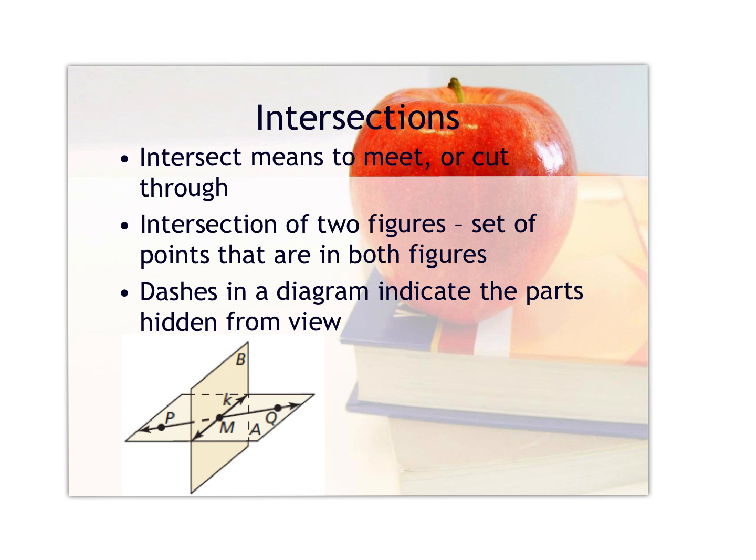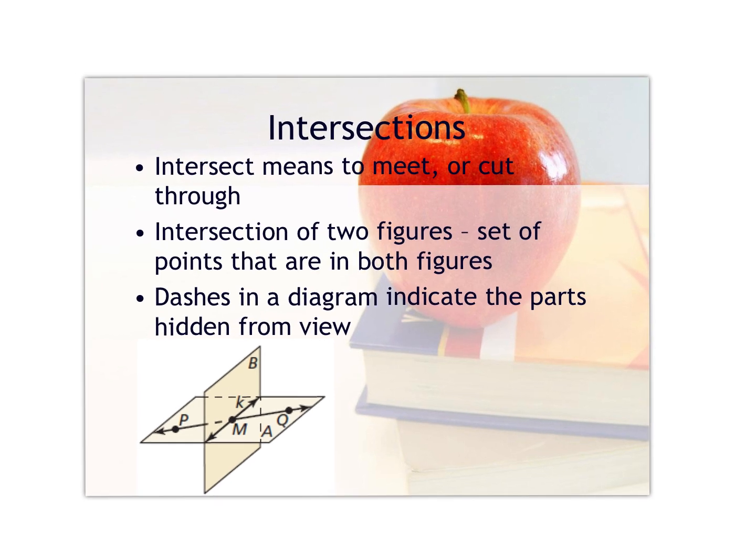And the last thing before we look at this drawing is to understand that when you see dashes in a drawing in geometry, what it's trying to show you are parts that are in the back or hidden from view. So if you notice these two planes in this picture, notice the dash lines there and there. That's just telling you that this side is really behind plane B. You really wouldn't be able to see that with the naked eye if you were looking at this. And notice you have a similar thing with the line.